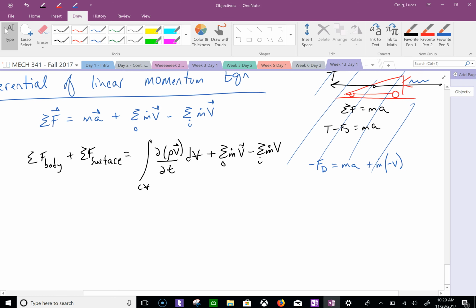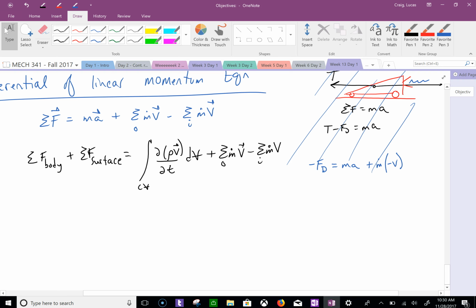I'm not going to get into too much detail, but I will post a video online. You see these terms right here? What do you think you have to do with those terms that we did with mass? You have to look at what's coming in the x direction for momentum going out.